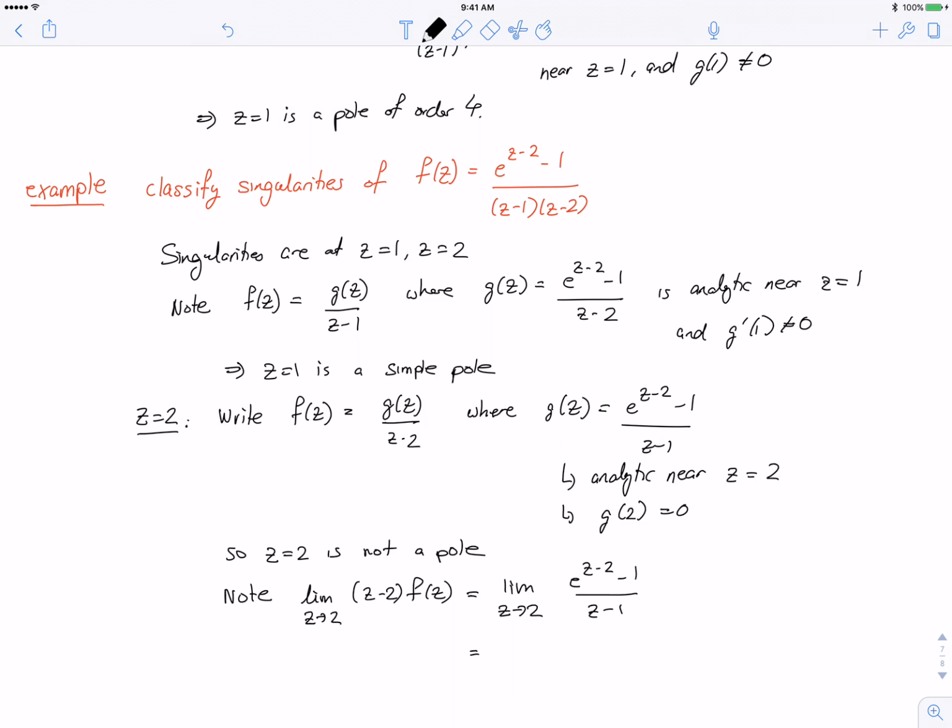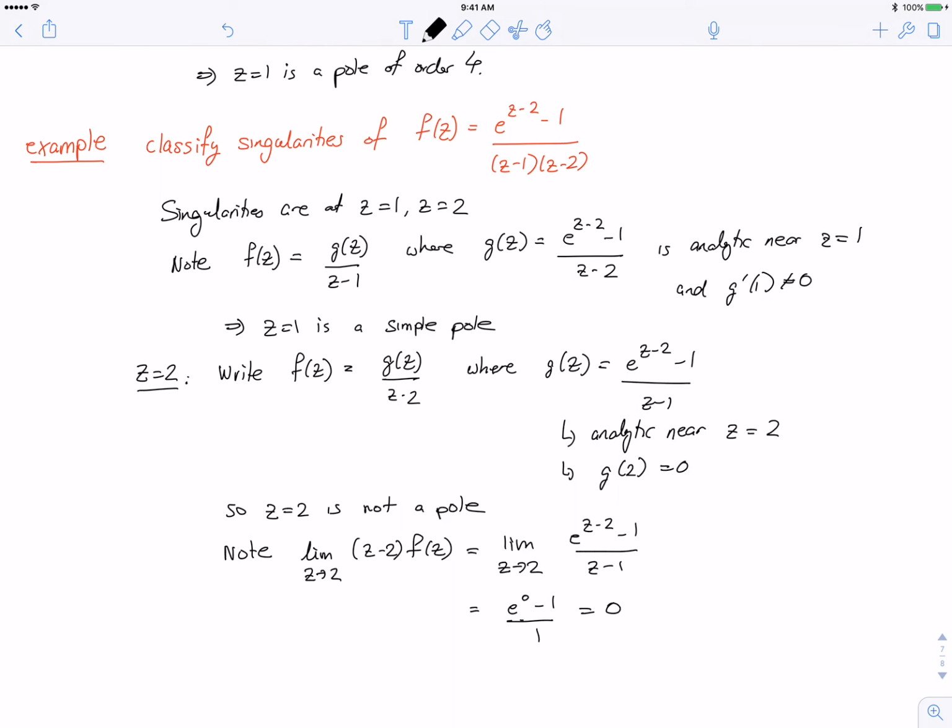Sub in z equals 2 into here. You get e to the 0 minus 1 on 1, which is 0. So therefore, z equals 2 is a removable singularity. Right? So you just have to be careful when you come to identifying poles. You have to check that your numerator is non-zero at your point of interest.